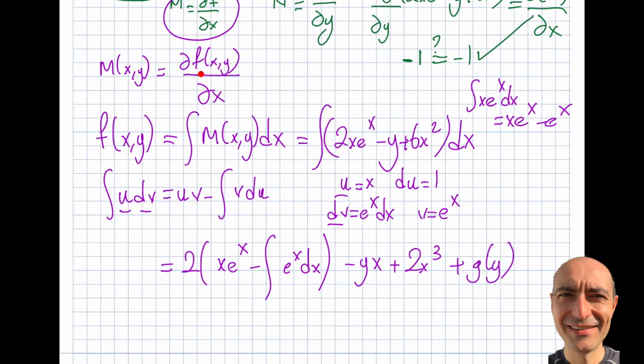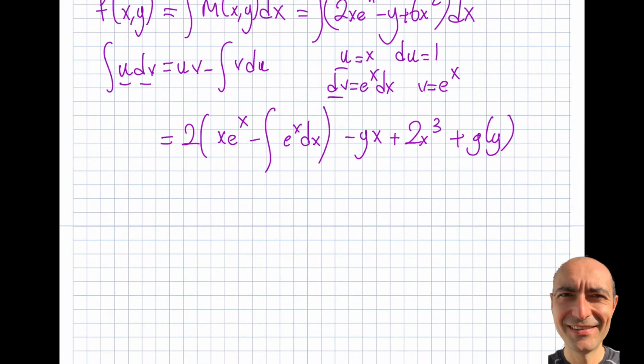Let's just look at the last term. When I plugged it in, I will have this plus g of y. What is the partial of g of y with respect to x? It's 0. You see, you will go back. So this information is lost if you just put a plus c there. So this is something that you must know. It's kind of important. Okay?